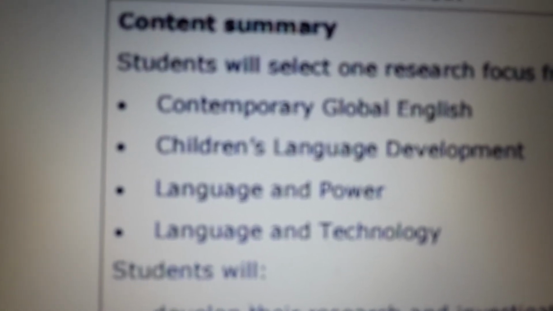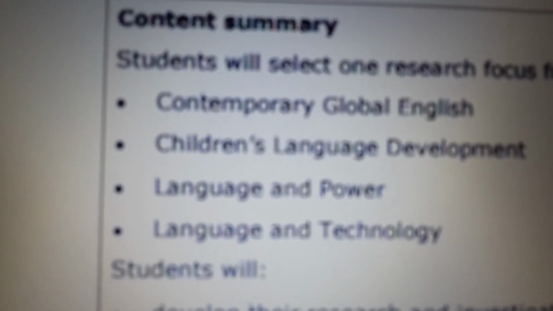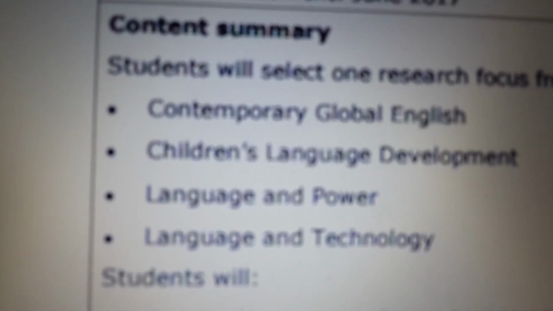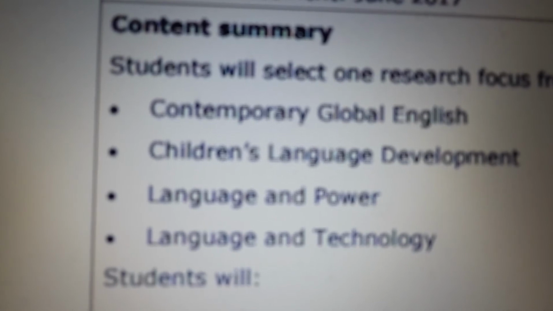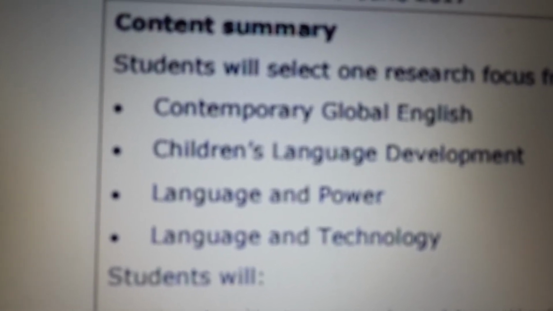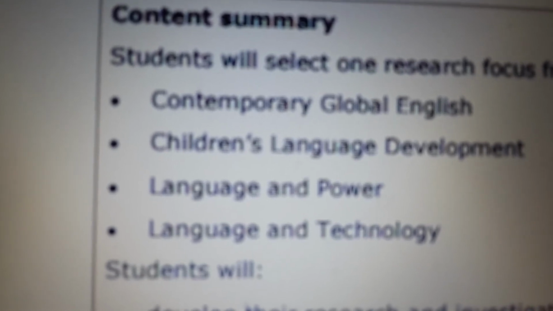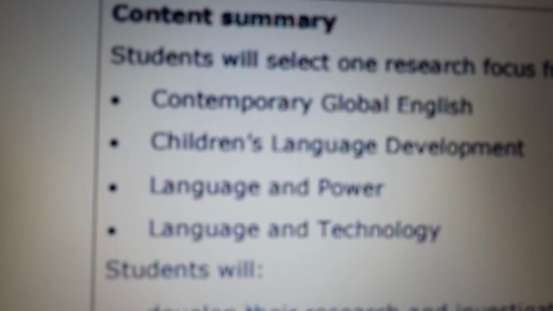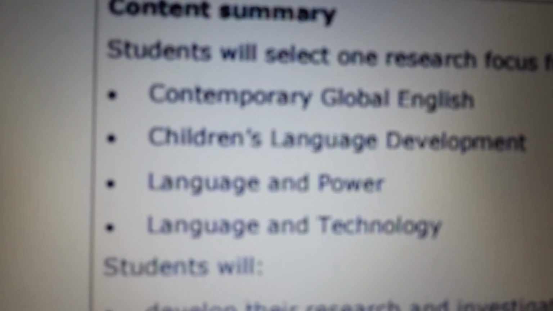And then in the exam hall, there will be two questions. First one, a case study of an unseen text, and second one, an extended evaluation, and both will be based on the topic that you have researched throughout the year.